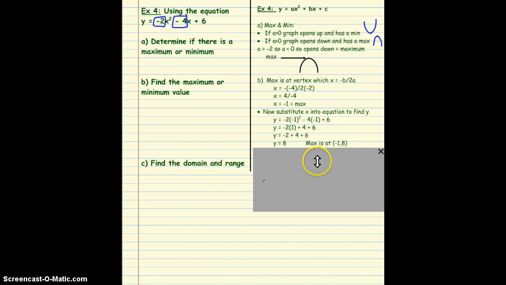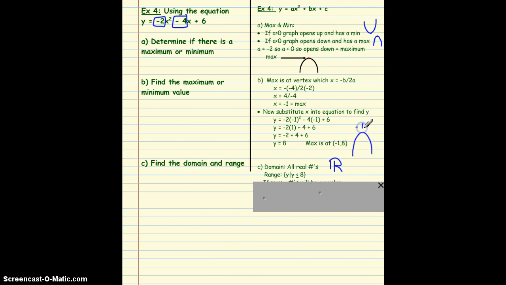Alright, and lastly they want us to find the domain and the range. Well, our domain is all the x values, so that's going to be all real numbers. If we want to just put "all real numbers," that's totally great. Okay, and our range is when we have this maximum, and right here is negative 1, 8, right at the vertex.